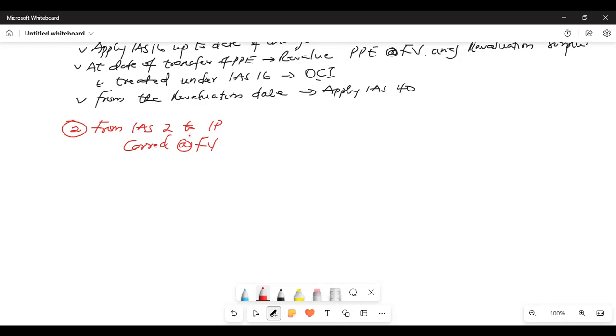Then any change in the carrying amount caused by the transfer will go to the P&L, not OCI, because this one is IAS 2, not IAS 16.